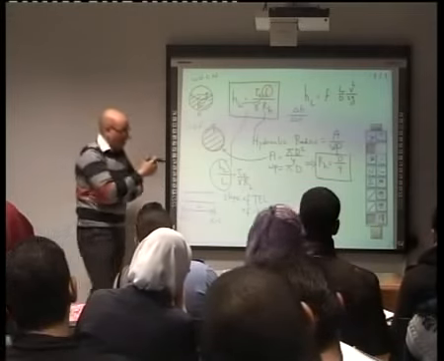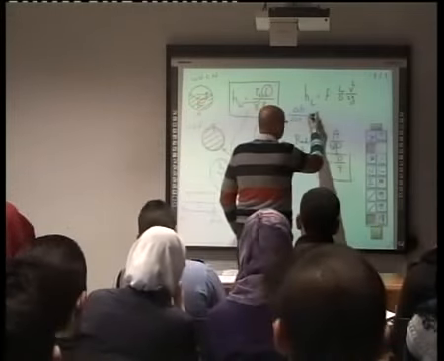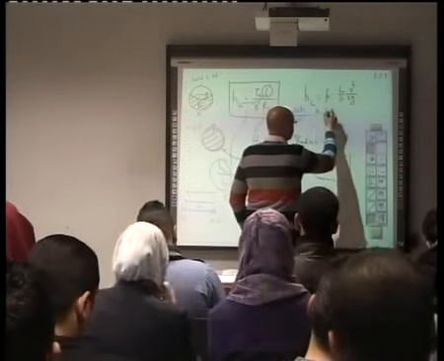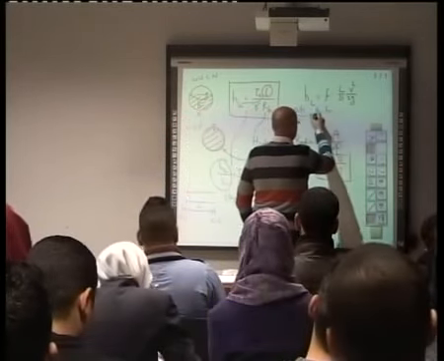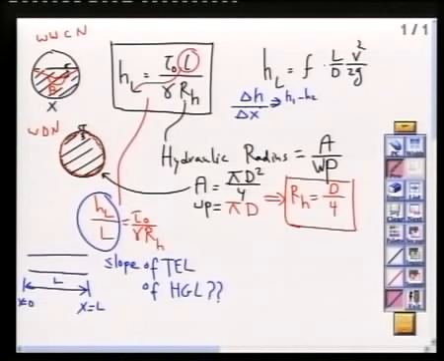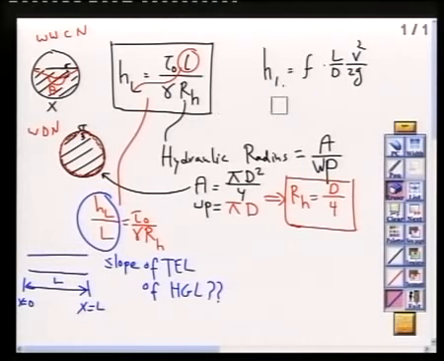Okay, let's get back. Delta H equals H1 minus H2. I'm talking just about this one now. Delta H equals H1 minus H2, the starting point and the ending point potential.